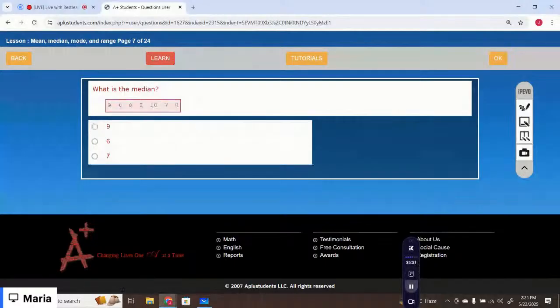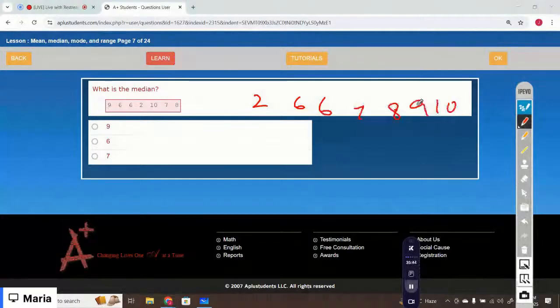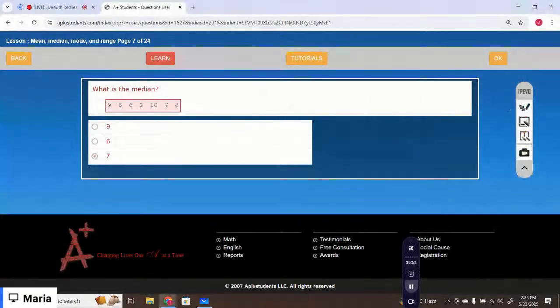What is the median? For the median, you need to arrange the numbers from least to greatest. They are 2, 6, 6, 7, 8, 9, 10. So which is the median? That is 7. So the correct option is 7.